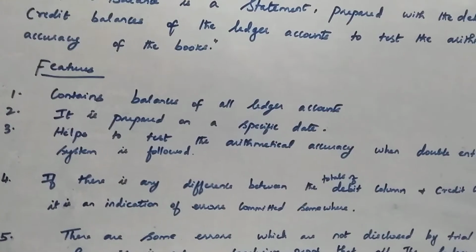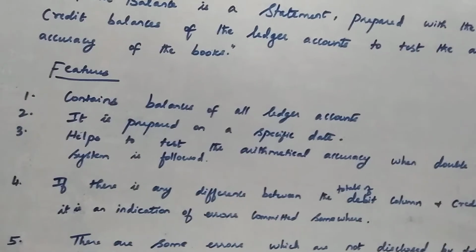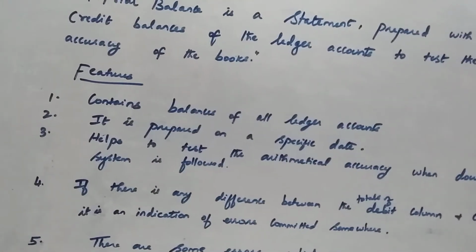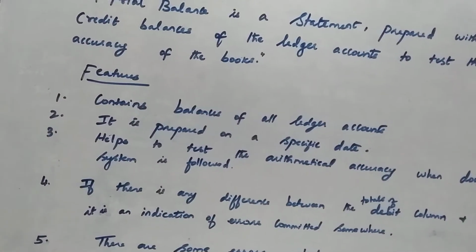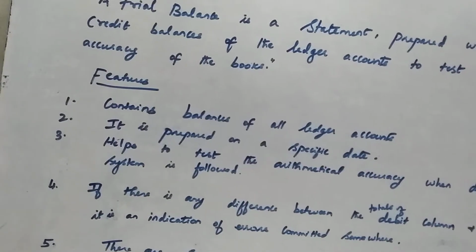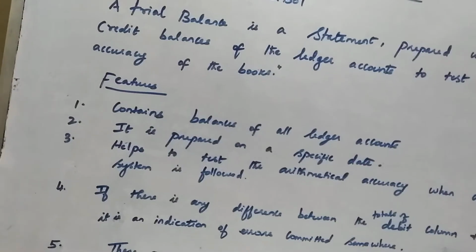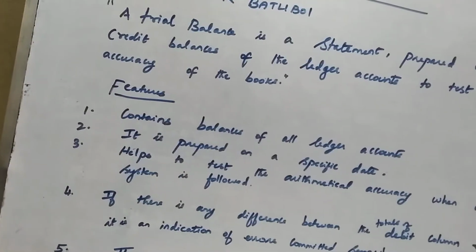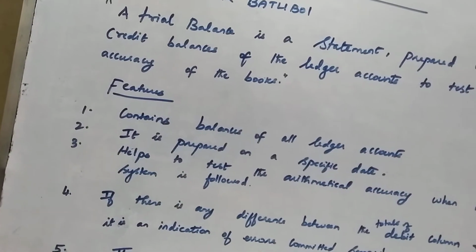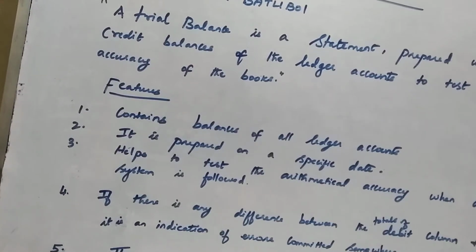That's why, if you take the ledger, you will have that column JF, journal folio. In case of any doubt, you can refer to the journal with that reference number given in the ledger book.